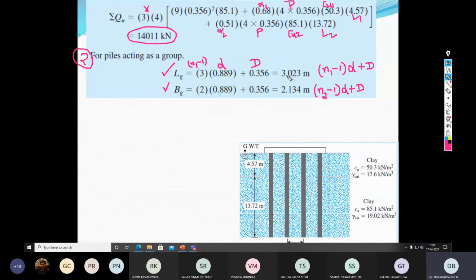So the length of the pile group comes out to be 3.023 meter. Similarly, the width of the pile group is n2 minus 1 multiplied by the spacing plus capital D, the diameter. This is 2.134 meter.